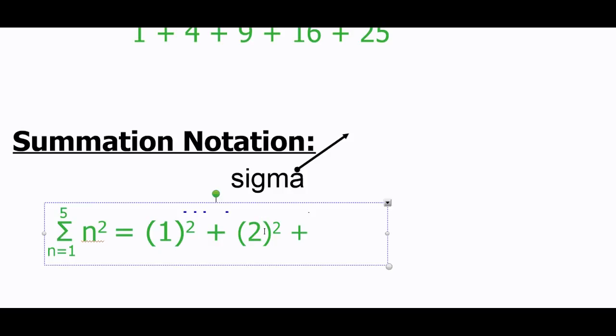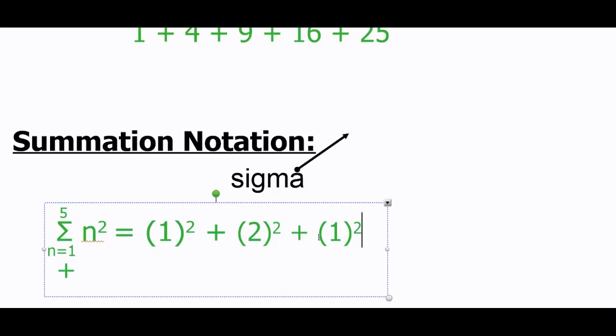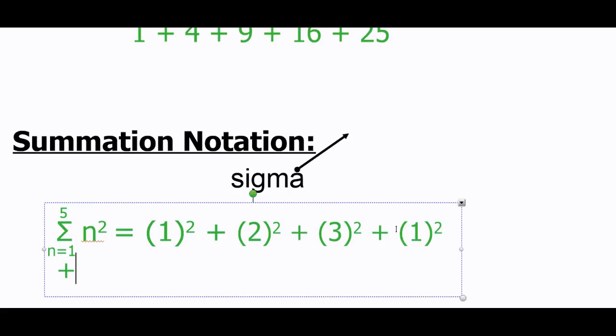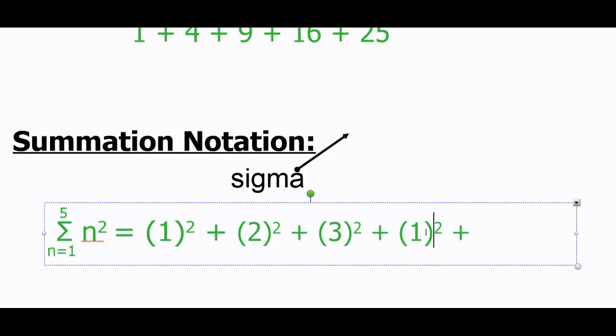Then I add again, but this time I replace it with a 3, because I go from 1 to 2 to 3. If you're playing along at home guessing what's going to come next, the next thing is 4 squared, because I'm going to go to 4.